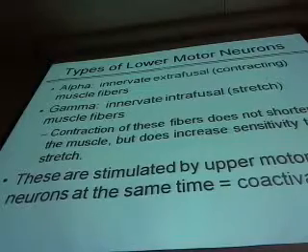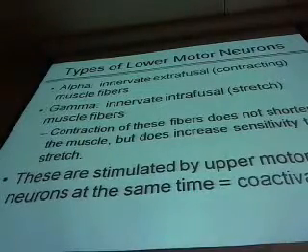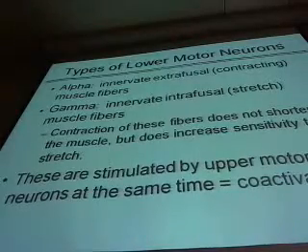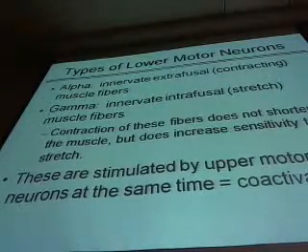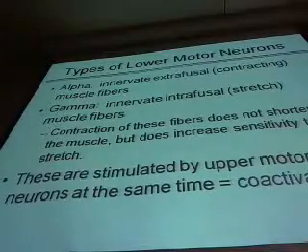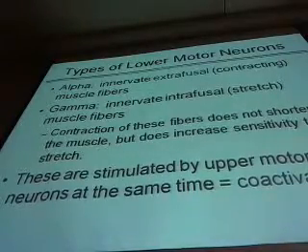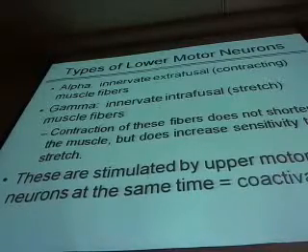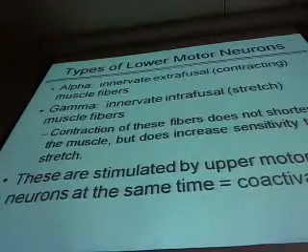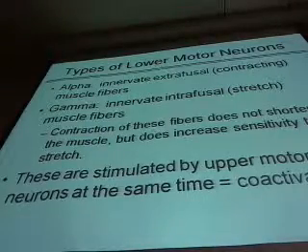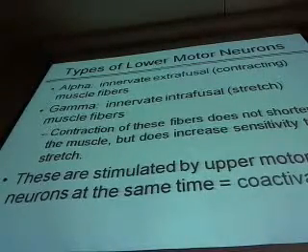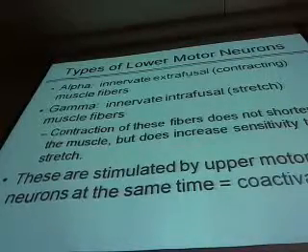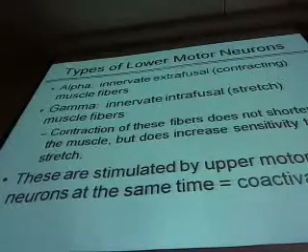It just provides muscle tone and tells you the position and just how much stretch is in the extrafusal fibers. When a nerve goes down through the motor plate, it tells a muscle to contract. It'll do both alpha and gamma motor neurons at the same time, and that's called coactivation.